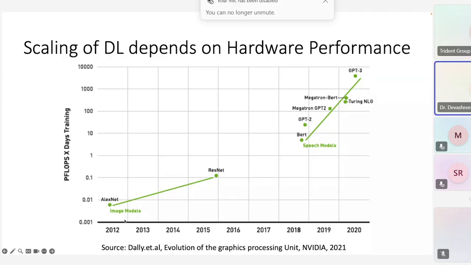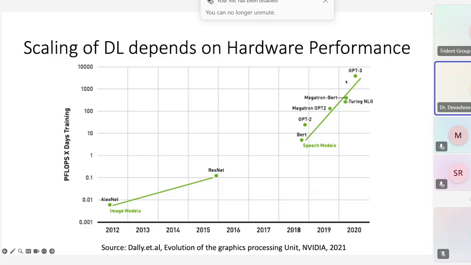The complexity of deep learning models has increased dramatically over time. For example, from ResNet to BERT in 2 years, or from BERT to GPT-3, BERT came in 2018, GPT-3 came in 2020, it has increased by almost 1,000 times.